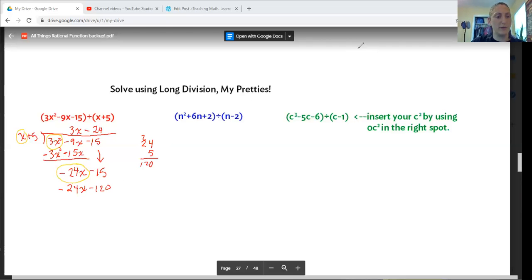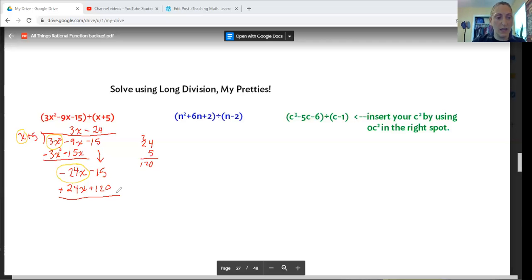I was trying to do a fancy way in my head and I didn't subtract enough. So there you go, negative 120. Remember, we are now going to subtract this. Don't forget, just because it has a subtraction sign on it doesn't mean you don't have to subtract it. And when you subtract a negative, it turns positive. So like I like to say, change your signs and combine. Negative 24x and positive 24x is 0.